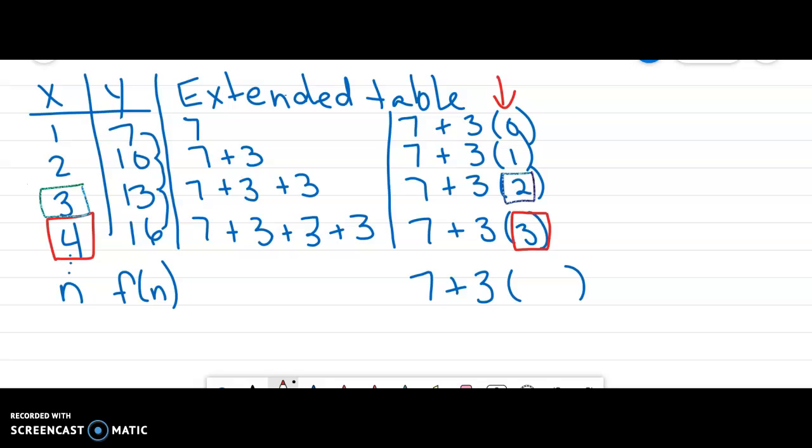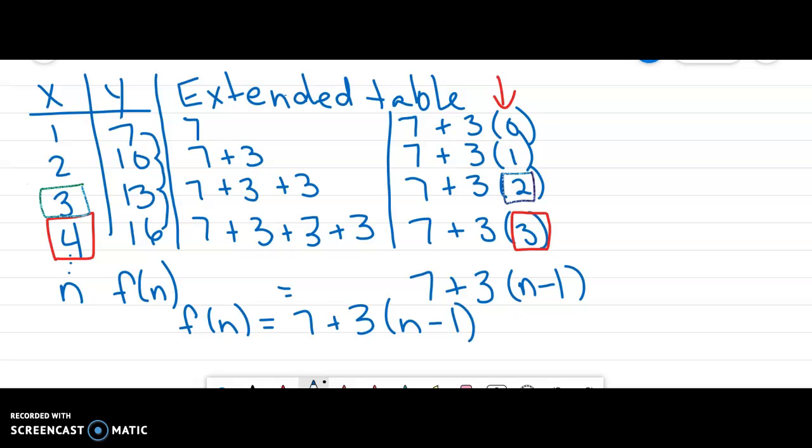And most of you will see pretty easily that it's always 1 less 3 than whatever my input is. And so you called that n minus 1. So we create this explicit equation, f of n equals 7 plus 3 times n minus 1.